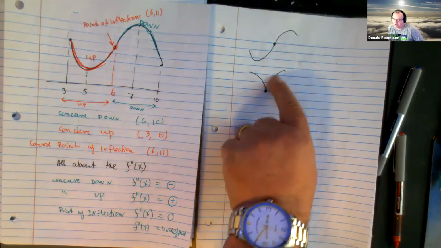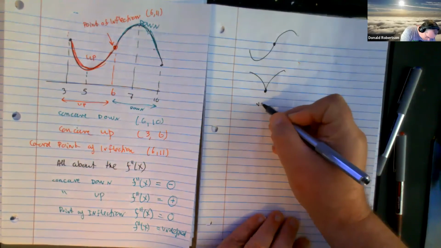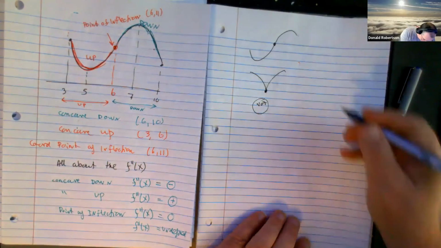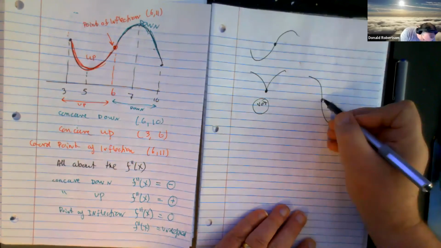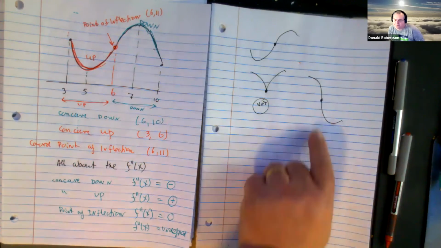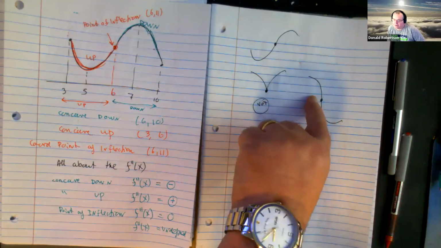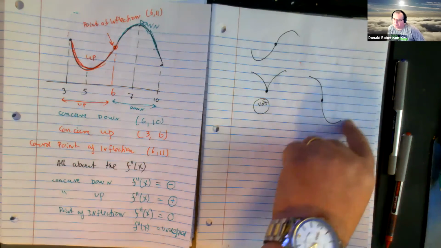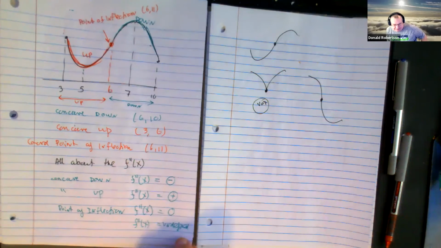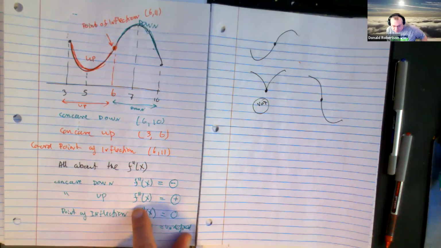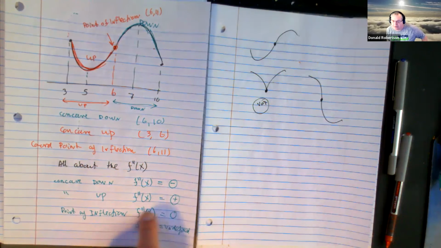On this side, isn't it still concave down? So that is not a point of inflection. On the other hand, that guy, yes. You see a concave down meeting a concave up. But if it has one, the only place it's going to be is when the second derivative is 0 or the second derivative is undefined.